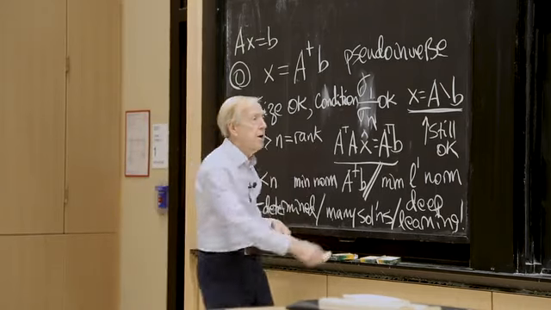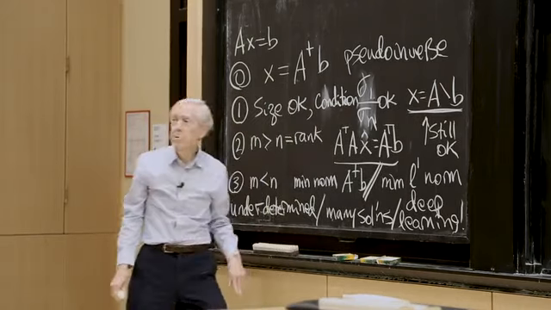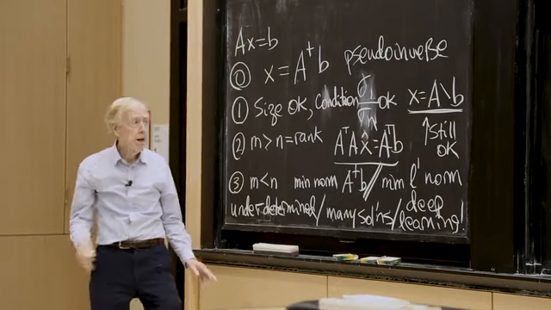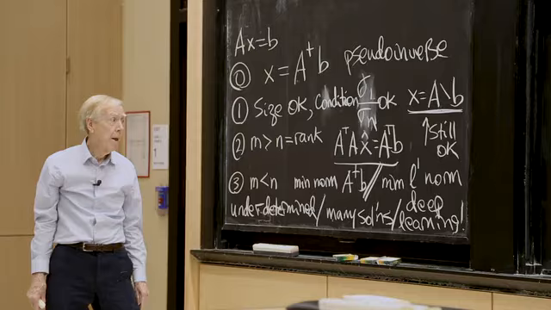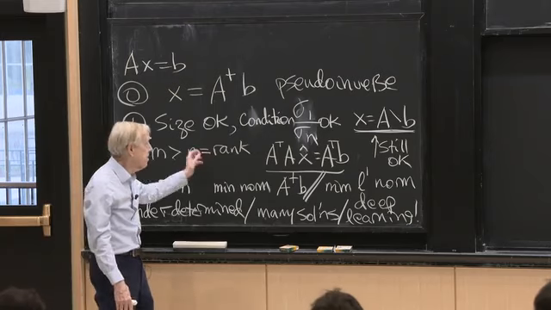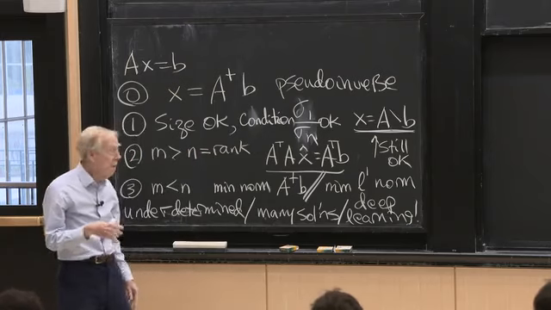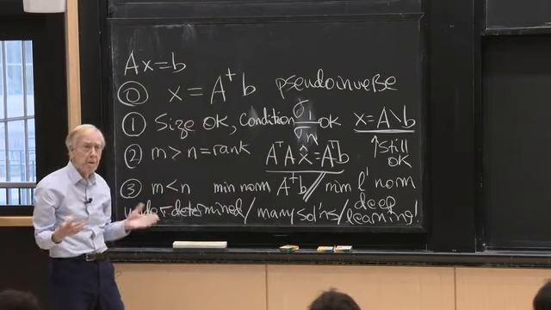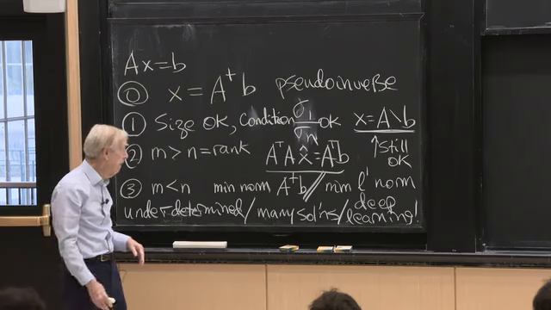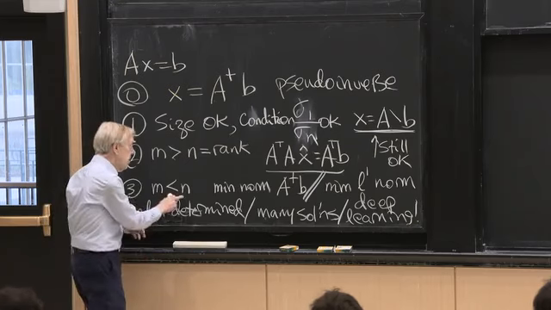So we could actually, backslash would still solve that problem. Backslash doesn't require a square matrix to give you an answer. So that's the good case where the matrix is not too big, so it's not unreasonable to form A transpose A.